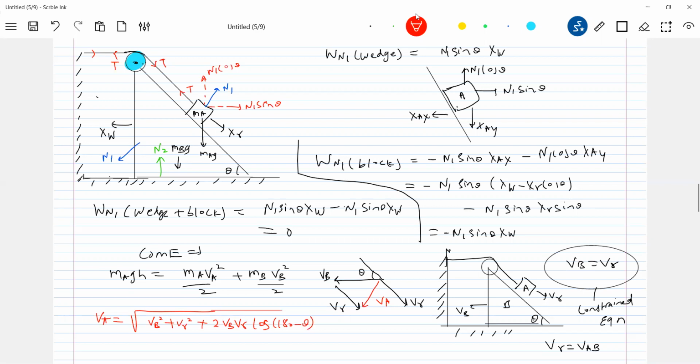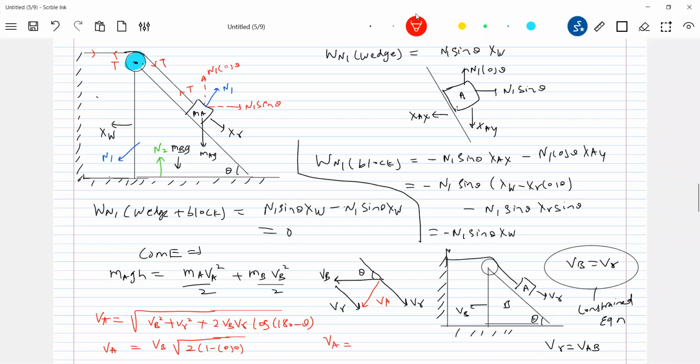And V_R is equal to V_B from the constraint equation. So everything will come outside, V_A equal to V_B root of 2 into 1 minus cos theta, since V_B equal to V_R. That value of V_A, now you substitute, you'll get the speed of the wedge, then the speed of the block.